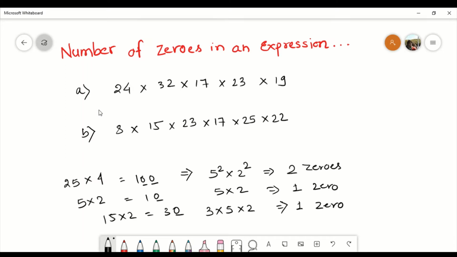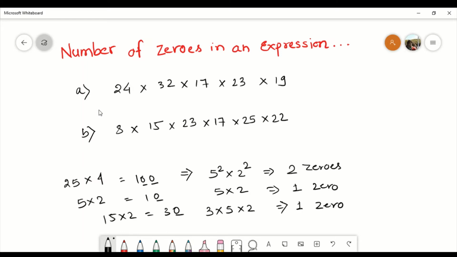So in order to get the zeros, we need to find how many 5s and how many 2s are there in that expression. And the power of 5 and power of 2 in that expression, whichever is smaller, will give us the number of zeros, right?